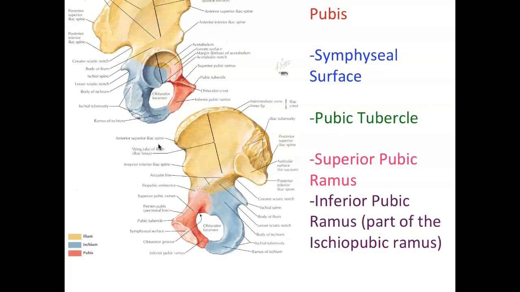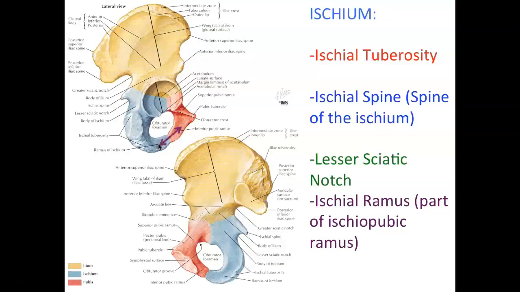Okay, so let's move into the pubis. Now, if we look at this medial view, we are going to see the symphyseal surface. And this is that portion that is going to come together with the other os coxa.